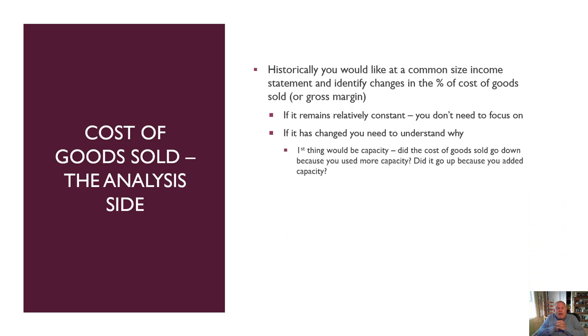The biggest reason for change that you will see is this capacity issue. Did the cost of goods sold go down because you used more capacity? Did it go up because you added capacity? So if we have equipment, we have a supervisory team, we have everything we need, it's fixed up to a certain capacity. So if I'm roasting coffee and the coffee roaster has a capacity of 10,000 pounds of beans, that's going to be a fixed cost.